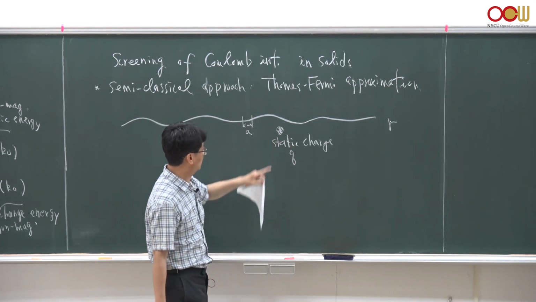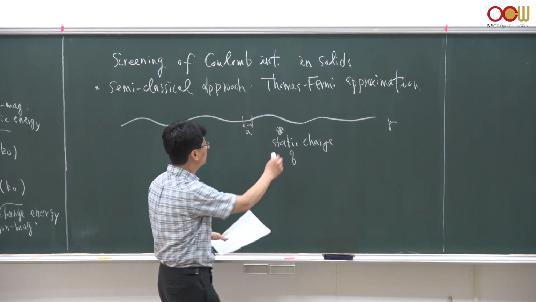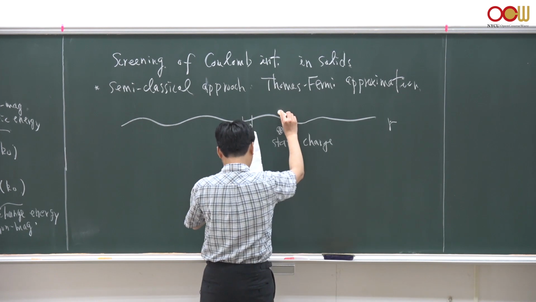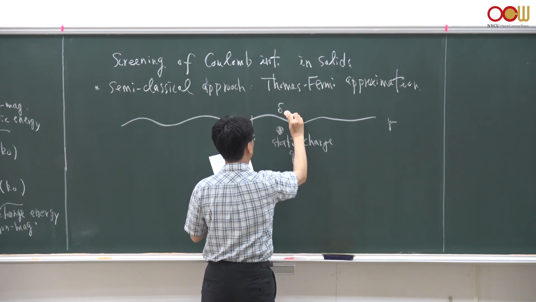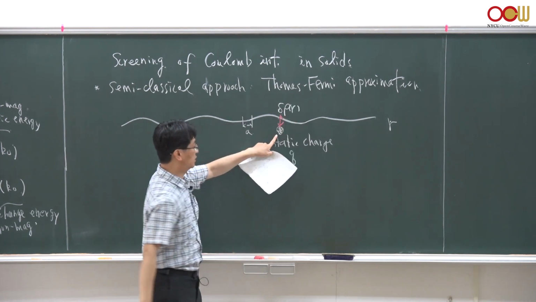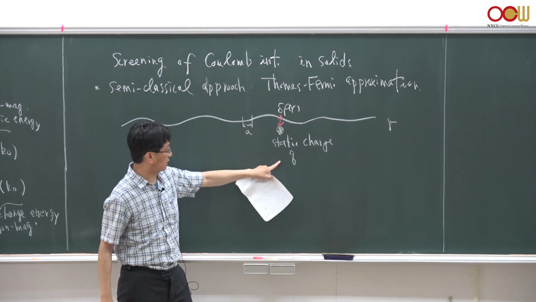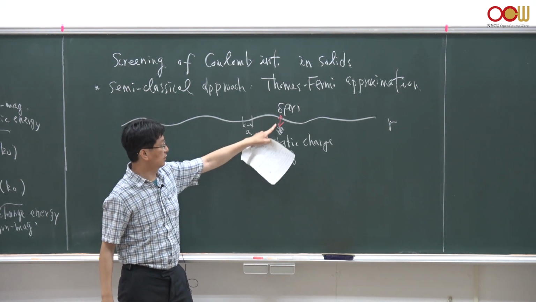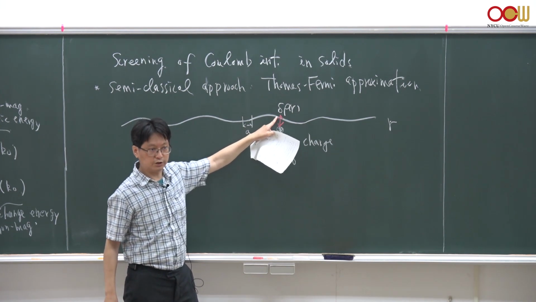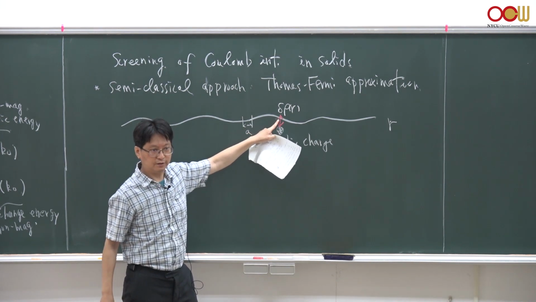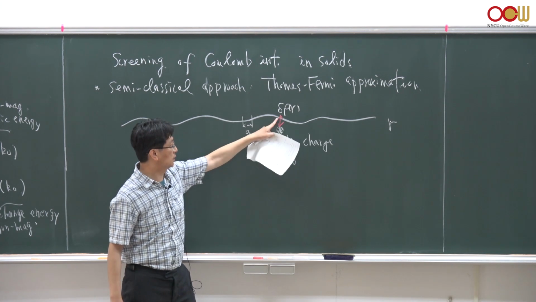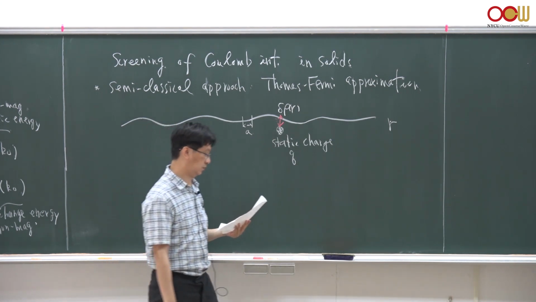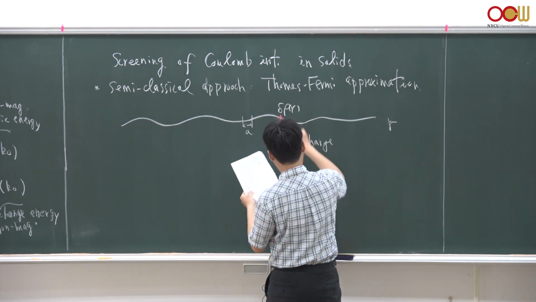But that static charge Q will affect the charge distribution right there, because there's a feedback effect, right? So there's a static charge, and this charge will certainly disturb the charge distribution nearby, and therefore it creates some kind of charge disturbance, delta rho, right here.